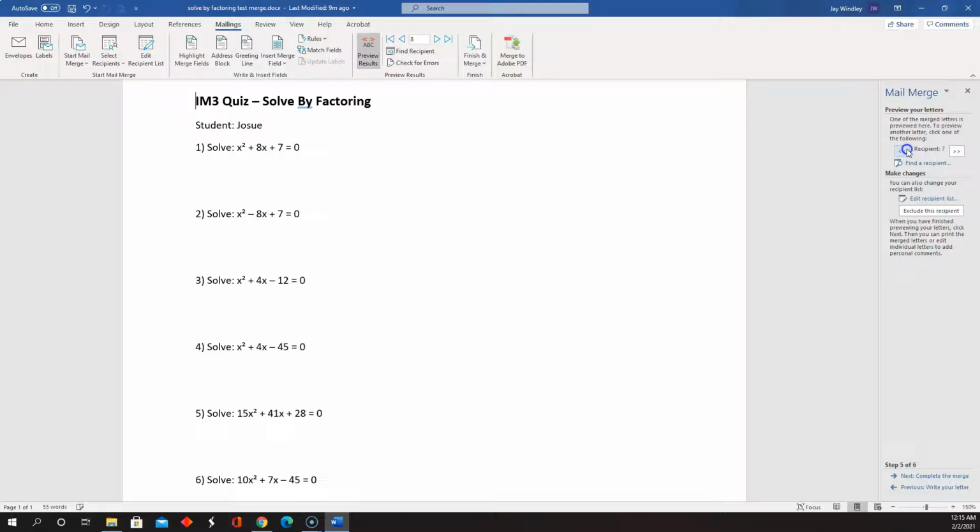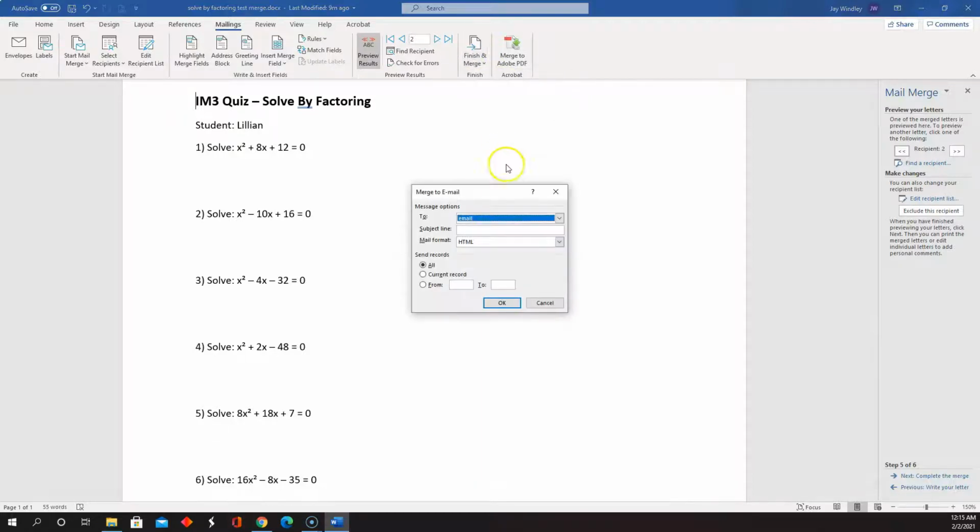And now we've got this finished product, so we're ready to hit finish and merge. Send email messages. Remember, you got to have an email field in an email column in the Excel spreadsheet. I'm going to say for the subject line of the email something like start your test, see attached.